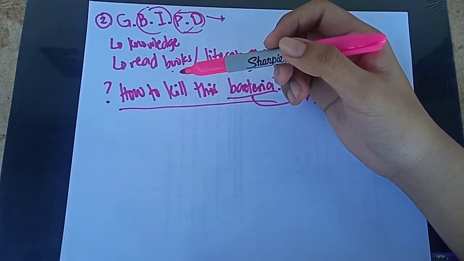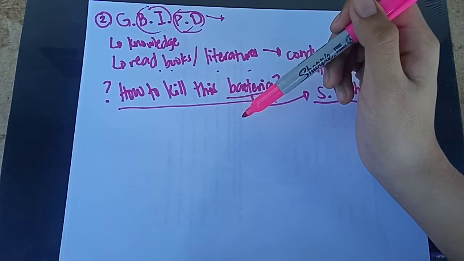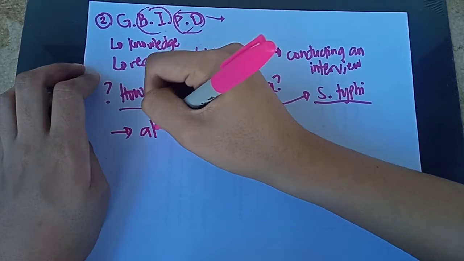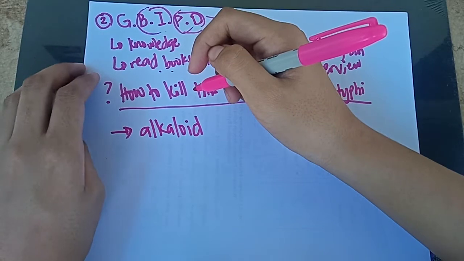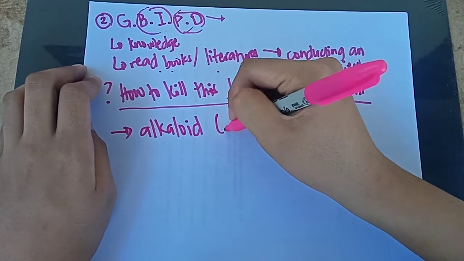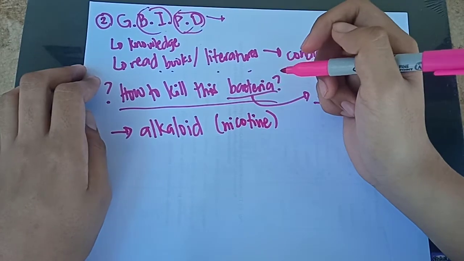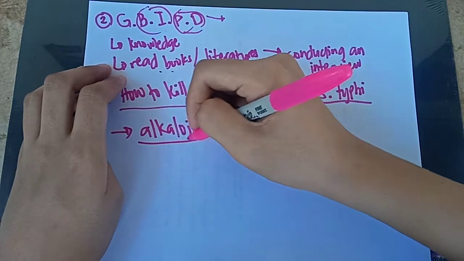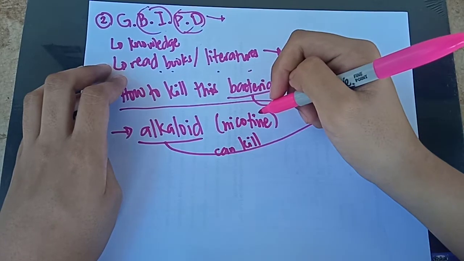Now, let's say that you are the researcher and you read books and literatures on how to kill the bacteria, and you discovered alkaloids. Alkaloid is a chemical component that can be found in various species of plants. An example of alkaloid is nicotine, found in cigarettes. You discovered that alkaloid can kill this bacteria or can eradicate Salmonella typhi.